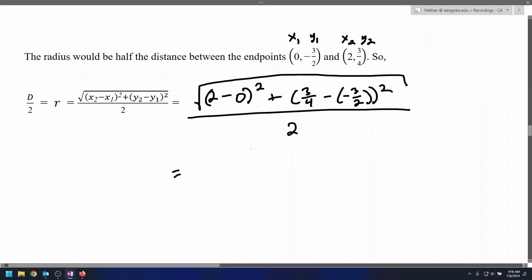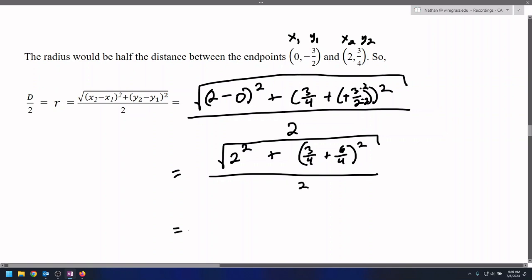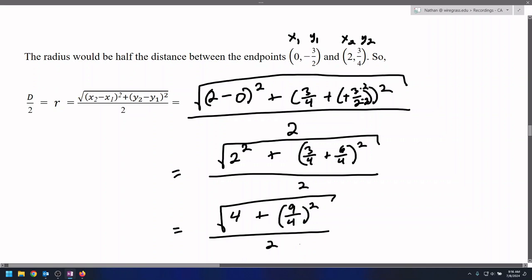Okay, so now we have 2 minus 0 is just 2, 2 squared, and then plus this one. We need one common denominator, so I'm going to multiply 3/4 by... rather, the other term by 2 over 2. That's going to give me 3 over 4 plus 6 over 4, which is 9 over 4, and it's still being divided by 2 here. So we get the square root of 4 plus (9/4) squared.